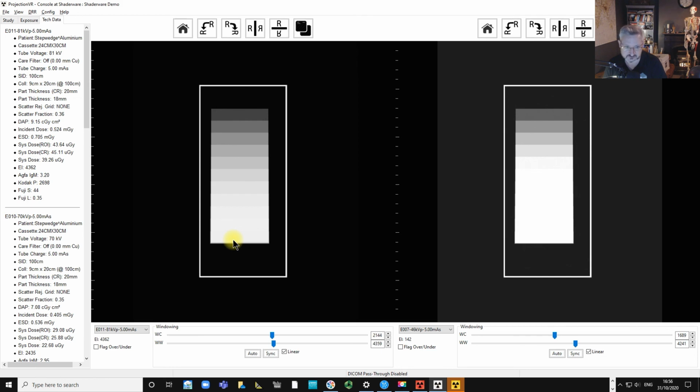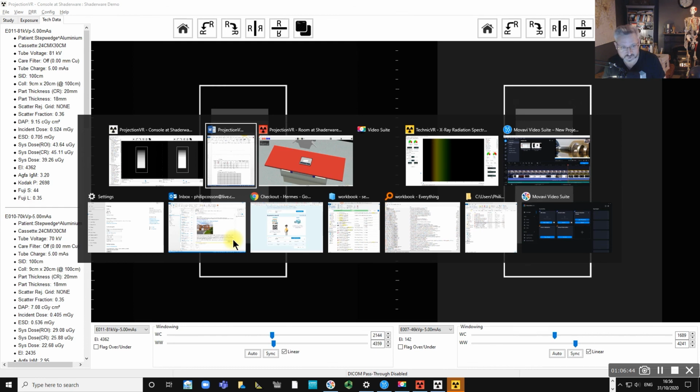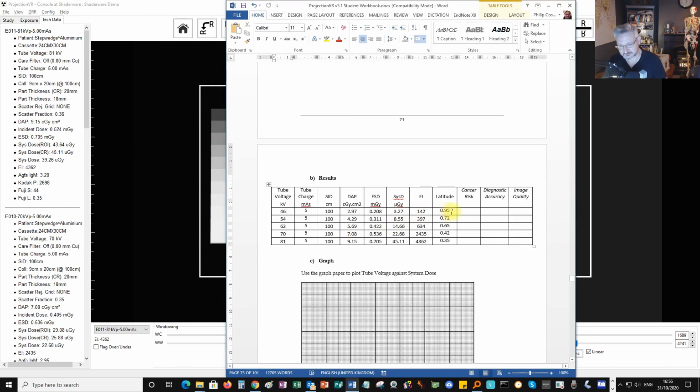So this is what you get: more shades of grey with a higher tube voltage, and this is what this latitude figure is trying to say. So the latitude value for the Fuji is a higher value where the image is more contrasty, where there's only a few shades of grey. Where the latitude value is very low, that means we've got a large number of shades of grey.